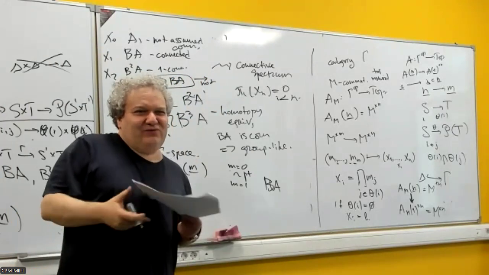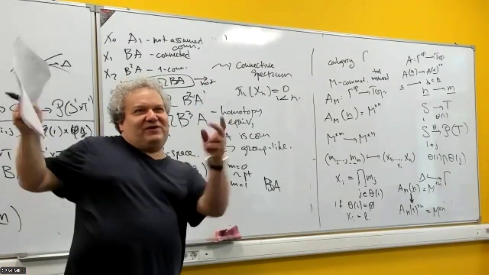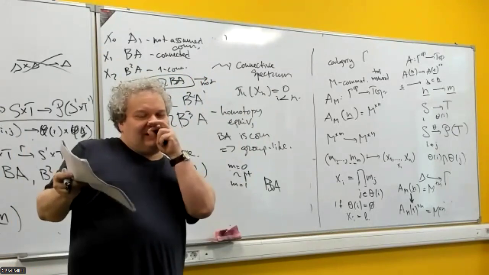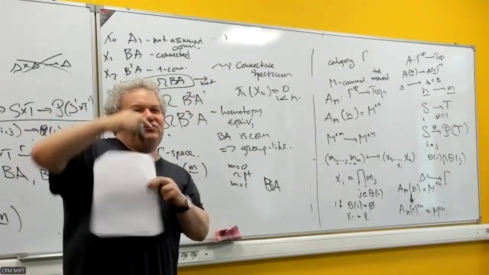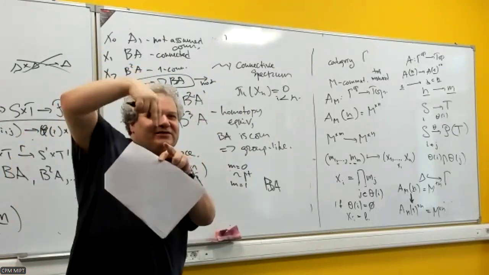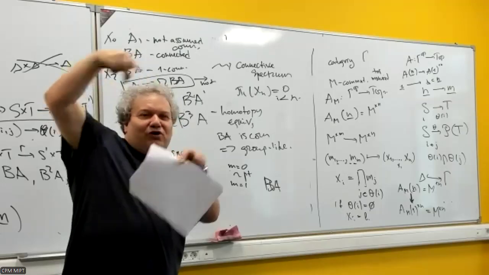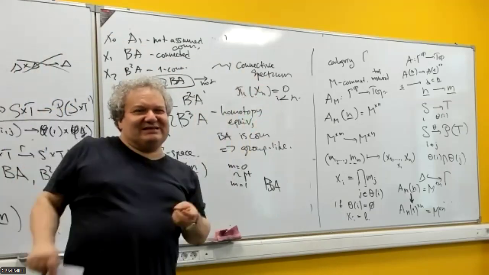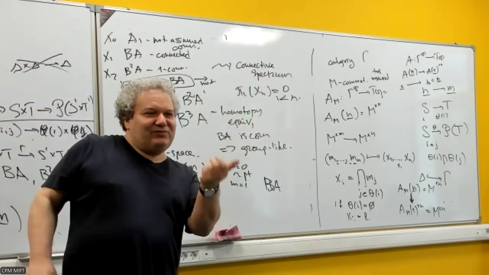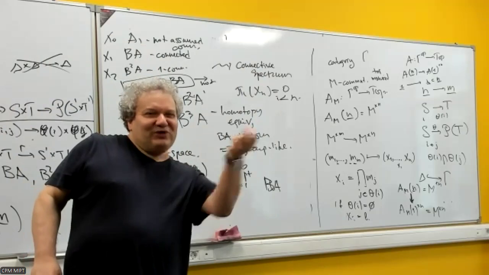Because now if you see how you define BA, even if the monoid is not connected, you regard it as a category with a single object and take the nerve of this category; this single object will be connected, right?